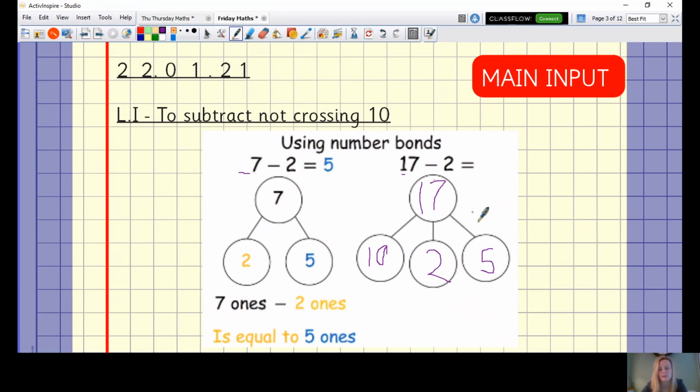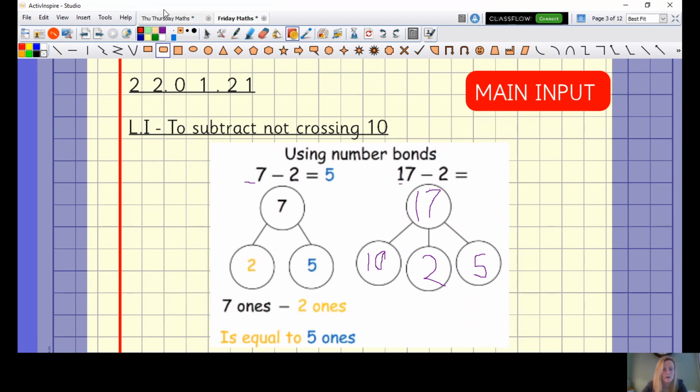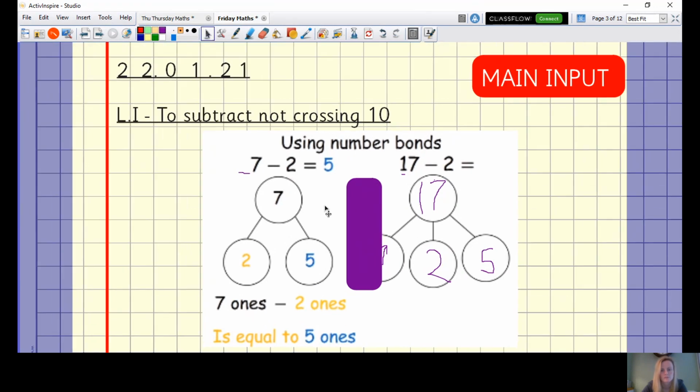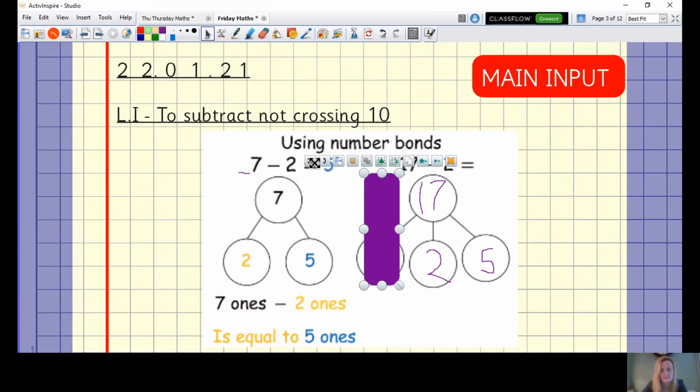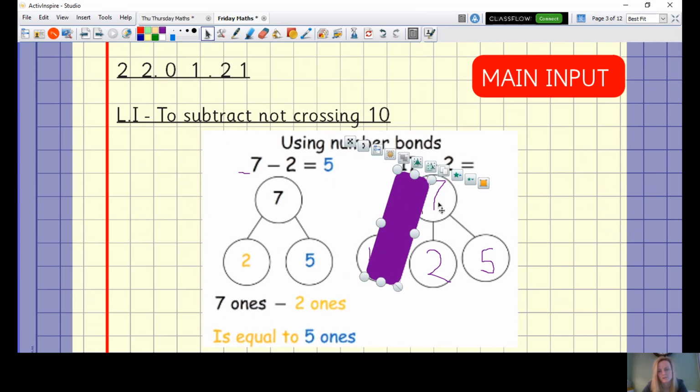Okay, so if I covered this up, let's do it with a box. If I covered the 10 up, it looks like 7 is 2 and 5.